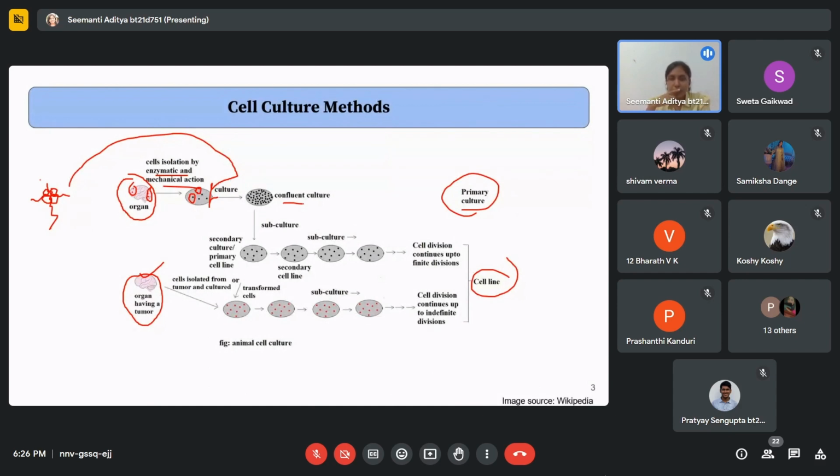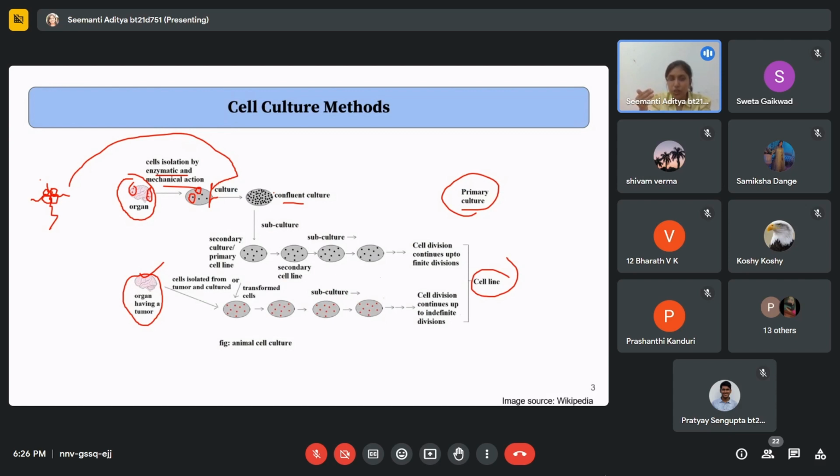So depending upon that, we have 40% confluency, 50% confluency. If the cells cover 50% of the entire surface, then it is 50% confluent. Once the confluency is reached, we have to subculture it. If the cells are not dividing, we are not going to get any particular confluency. So whatever confluency we have, we have to work with that.